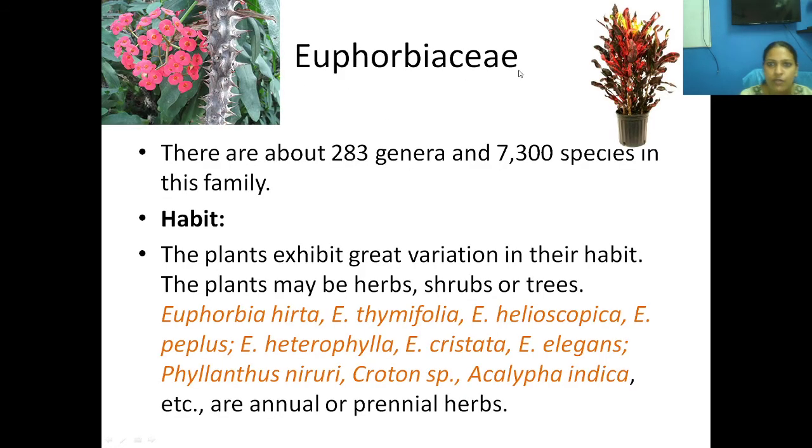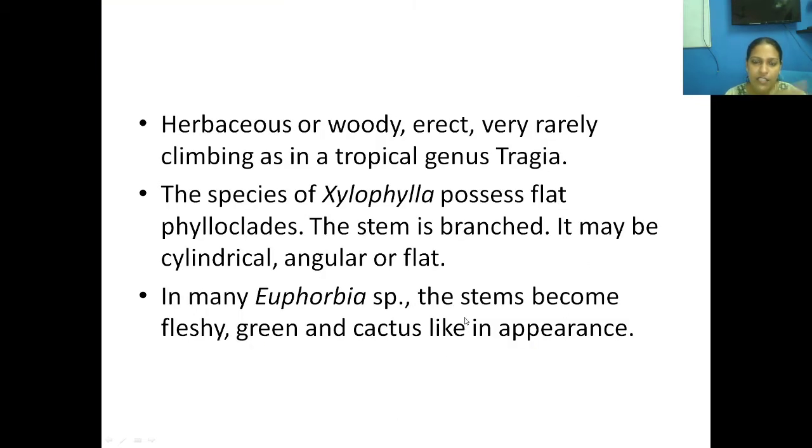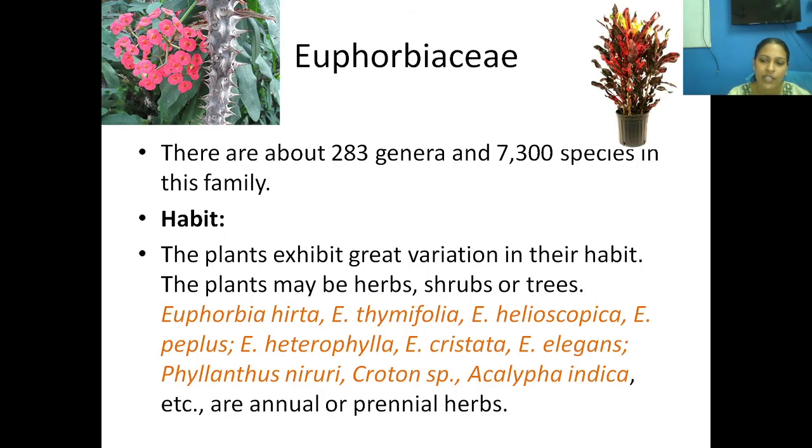This is the Euphorbiaceae distribution, 283 genera in India, and this is Euphorbia milii, one plant coming under the Euphorbiaceae family. This is the croton, commonly used as an ornamental plant. Okay, as the previous picture showed, it can be an herbaceous plant, a woody plant or an erect plant.